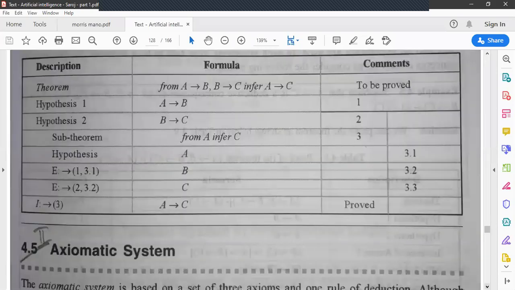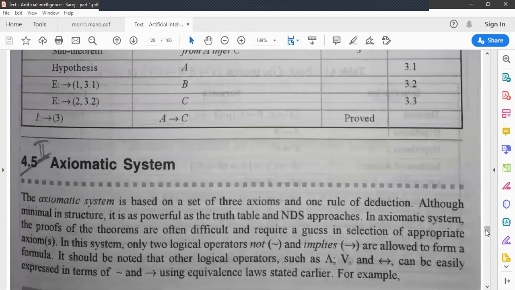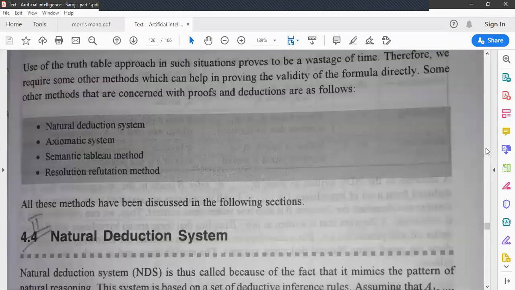Today, we will look at the axiomatic system. The axiomatic system is the second kind of method that we looked at yesterday.